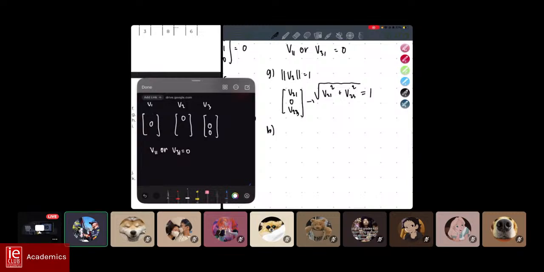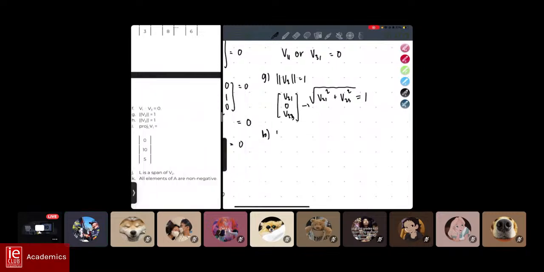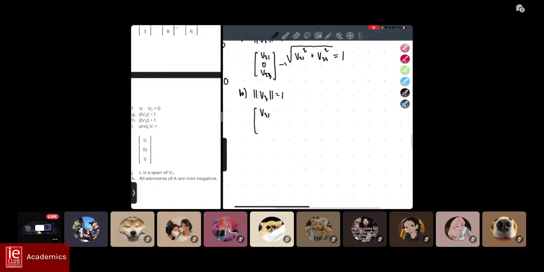Yung more useful though is yung sa H. Kasi what it tells us is na the magnitude of V3 is also equal to 1. Ibig sabihin yan na V31, 0, 0, supposedly yung magnitude yun equal to 1. So we have V31 squared, and since 0 yung iba, wala na yan, equal to 1.